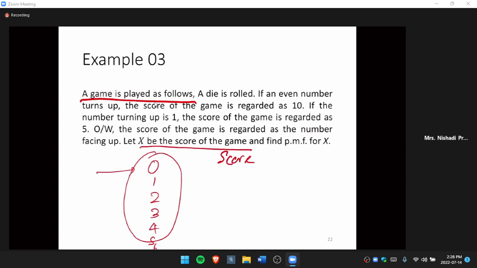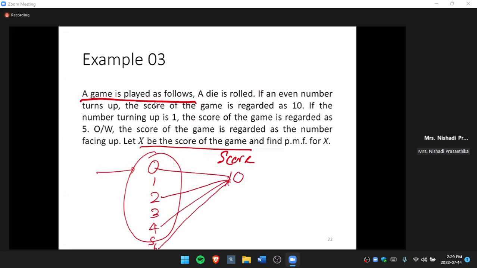A die is rolled. It says if an even number turns up, the score of the game is regarded as 10, which means when we roll a fair die, if we get an even number, we record the score of the game as 10, so we map this 10 to 0, 2, 4, and 6 because they are even numbers in the sample space.